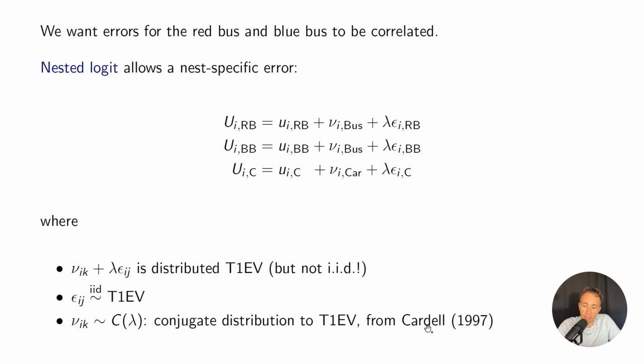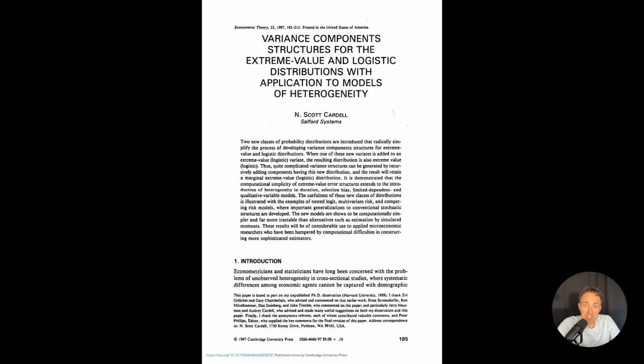And it turns out there's a paper by Scott Cardell from 1997 that derives what the distribution of nu has to be in order to get these properties that are computationally attractive, but still allow for a little bit of substitution between the alternatives. If you're curious, this is the Cardell paper, and it's got some pretty heavy math.